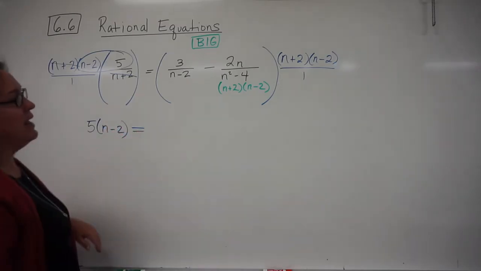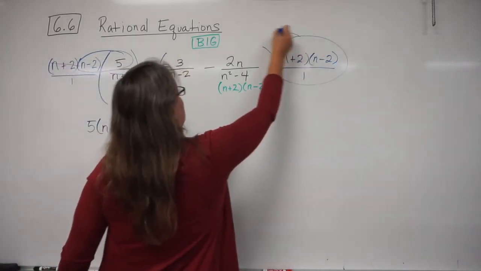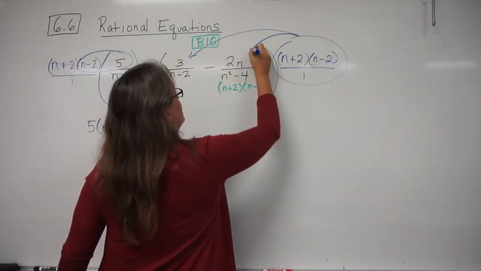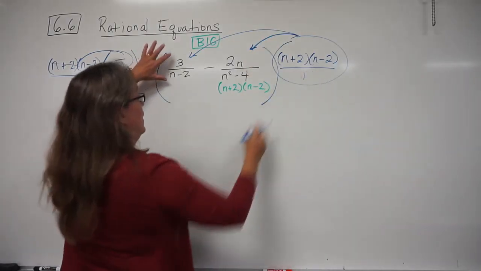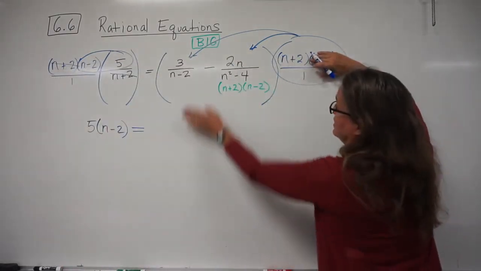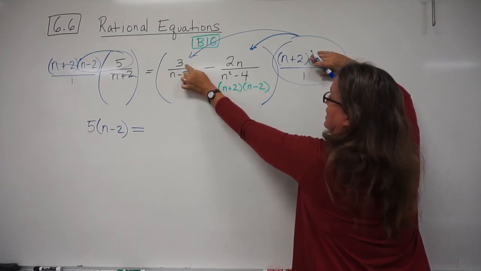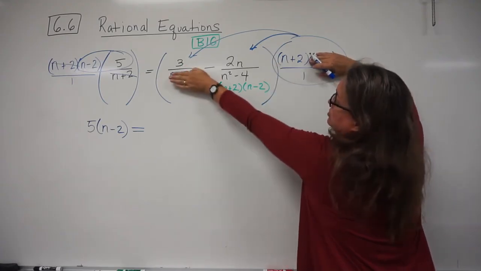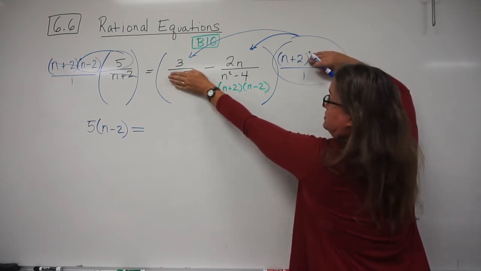Moving over to the right-hand side, I need to distribute this to each term inside. When I multiply what I've written in blue by this first term written in black, the n minus 2's cancel out, and I get 3 times n plus 2, because these factors canceled out.